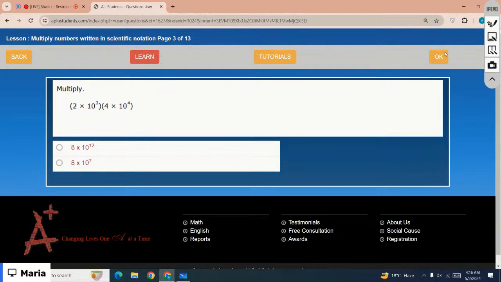The correct option is 8 times 10 exponent 7. The second option is the correct option.